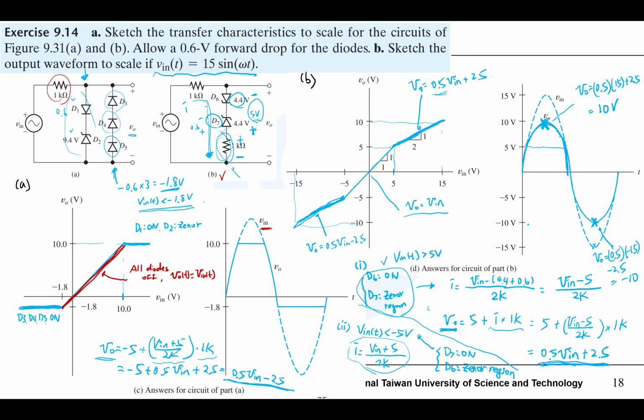So at this point, it is minus 10. So you can approximate this curve.